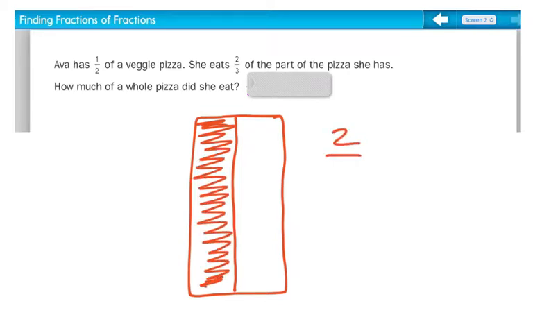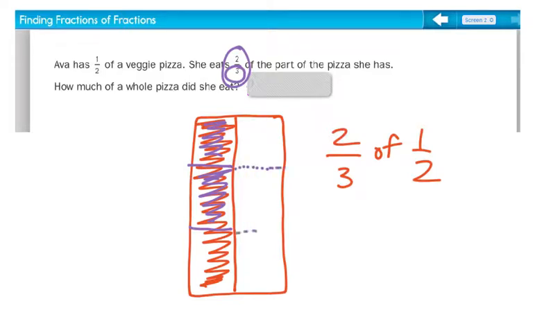So, right, we're trying to figure out what 2/3 of 1/2 is. Now, we're going to take this 2/3. So, the denominator tells us how many equal parts. So, 1, 2, 3, and she eats 2/3 of it. Now, in order to figure out what part has purple and red in it, I'm just going to imagine, remember, I have to have equal parts.